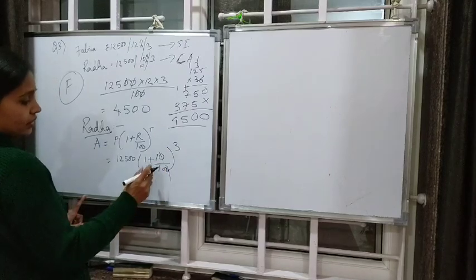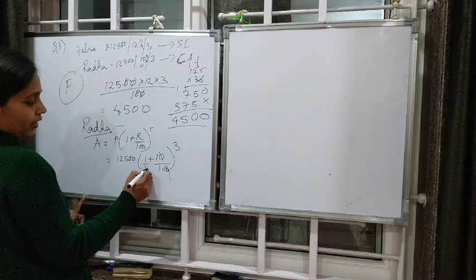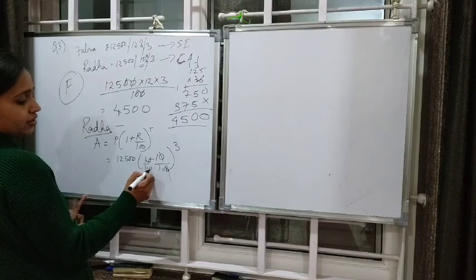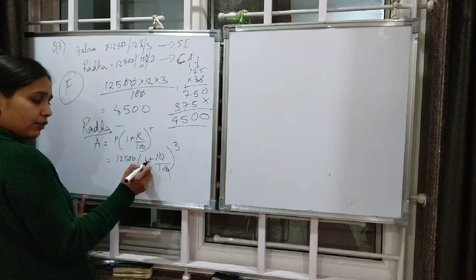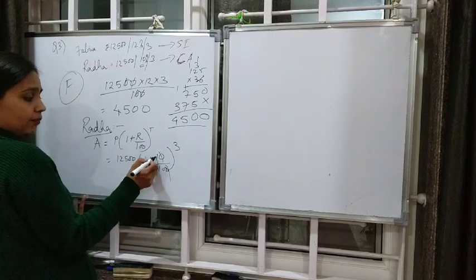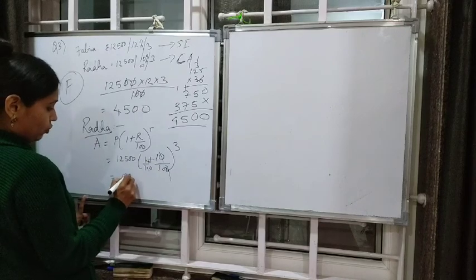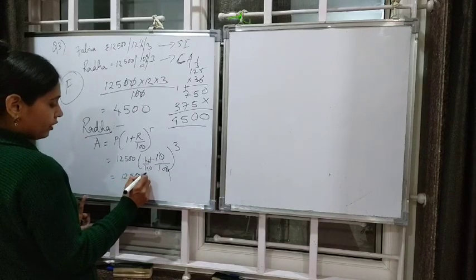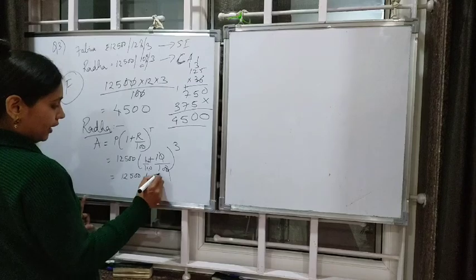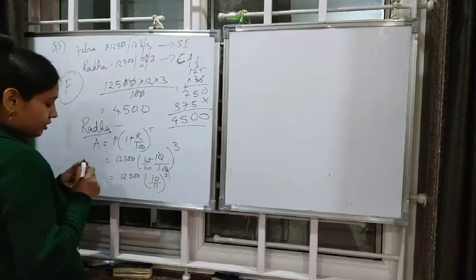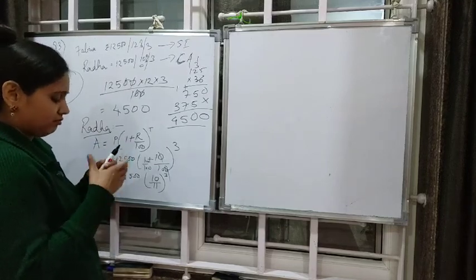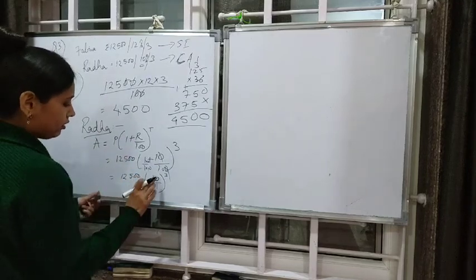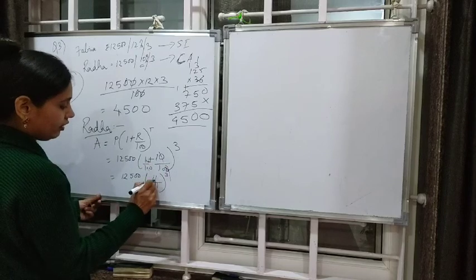0, 0 got cancelled. This becomes 1 upon 1, where we multiply to find out the LCM. Why? Because the denominator should be same. This is 10, so this has to be also 10. Now we are multiplying 10 here, children, so we will multiply 10 up also. So this becomes 10, 10 plus 1 gives us 11. So 12500 into 11 by 10 raised to 3.